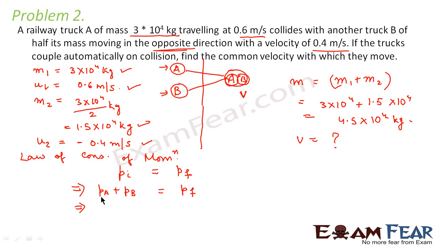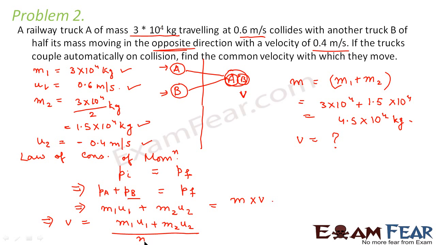Momentum of A will be m1 u1 plus momentum of B would be m2 u2. This is equal to the final momentum, which would be m v. So from here we get v equal to (m1 u1 plus m2 u2) divided by m.